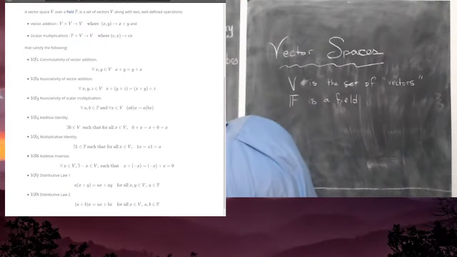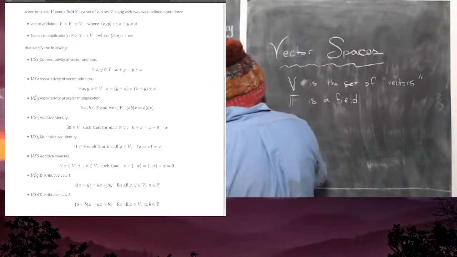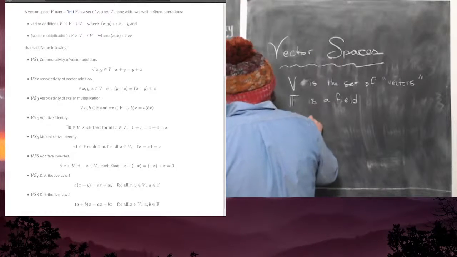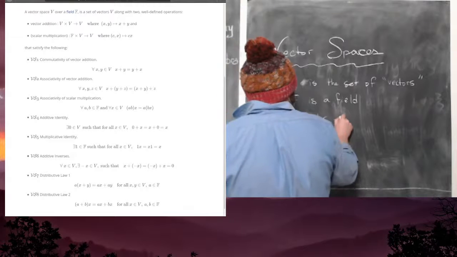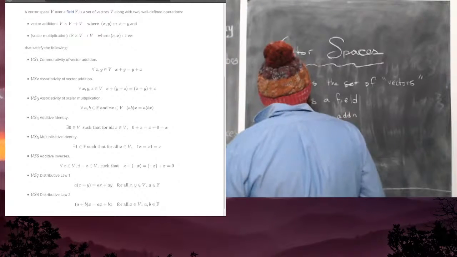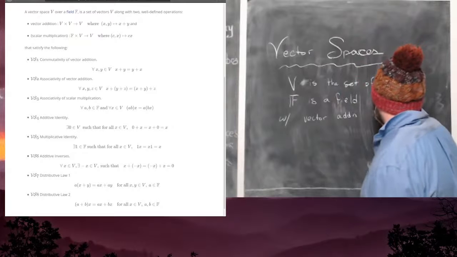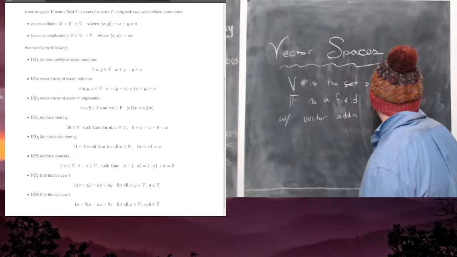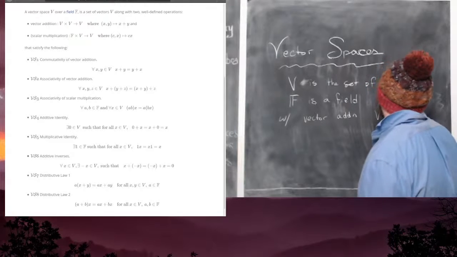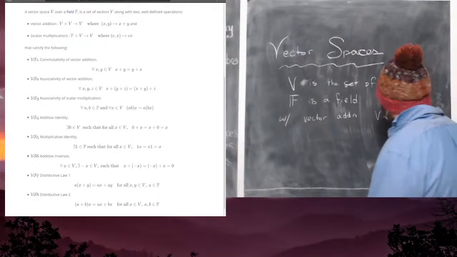The first one is what's called vector addition. This is a map from the set of vectors crossed with itself back into the set of vectors.